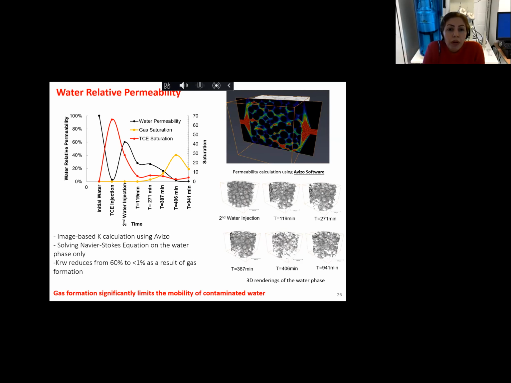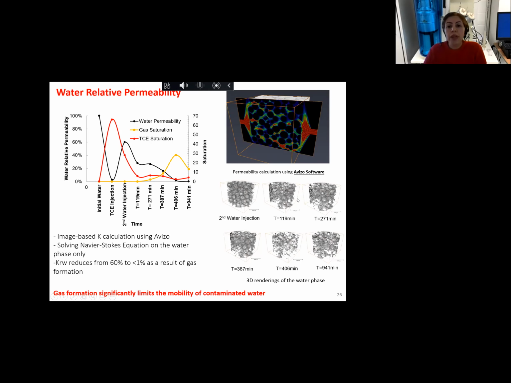And we thought that if we are producing a significant amount of gas, this gas might actually occupy the pore system, act as a cushion, and reduce the relative permeability, and would basically help with stopping the spread of contaminated water. And we wanted to see if this is happening.